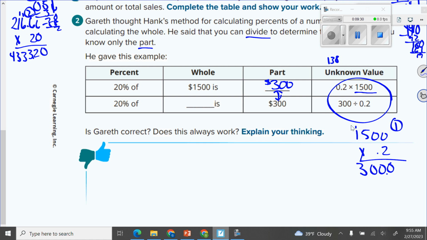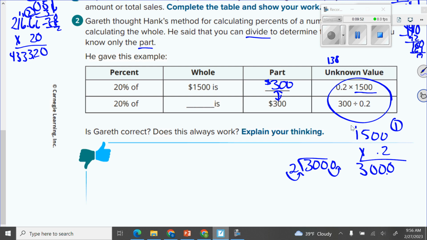The other one, now I'm going to go the other way. 300 divided by 2/10. Am I allowed to have a decimal in my divisor? No, so how do I get rid of it? But then I also have to do what? Have to do both. So if I move this one, I also have to move this one.